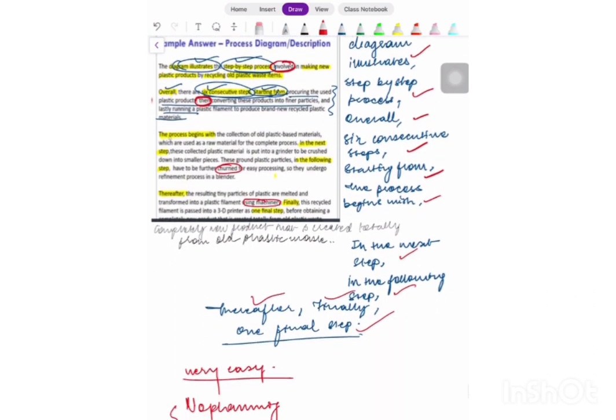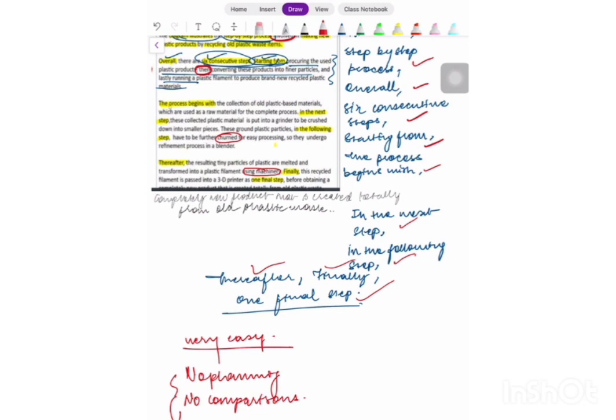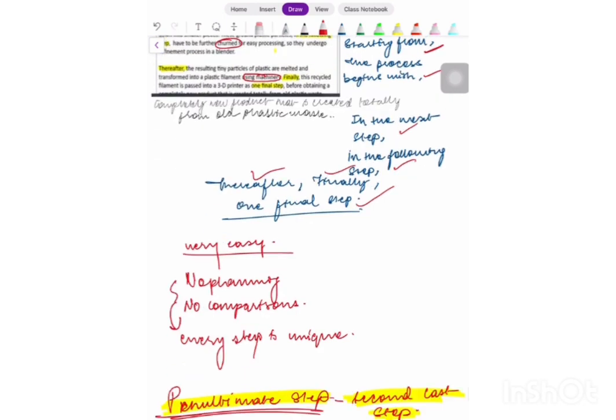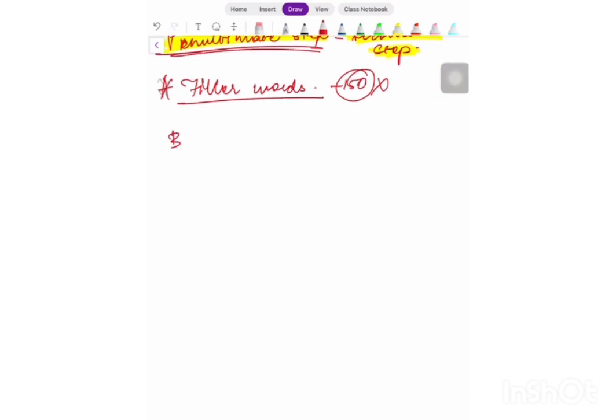All right, so we will learn about the basic structure for a process. Let me tell you one thing: it describes the process or how something finishes manufacturing from start till end.